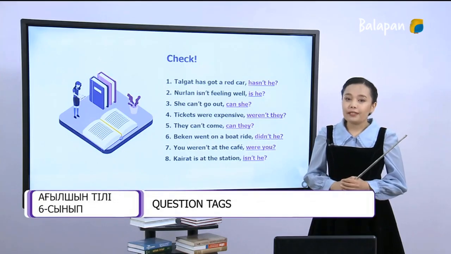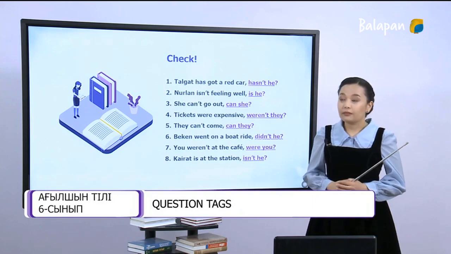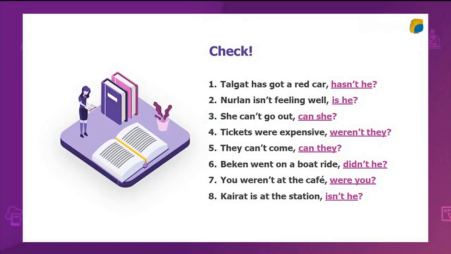Boys and girls, let's check. Sentence number 1. Talgat has got a red car. Has he? Number 2. Nurlan isn't feeling well, is he? Number 3. She can't go out, can she?